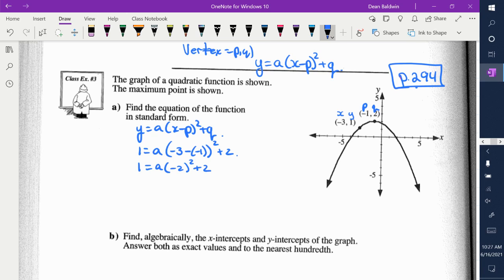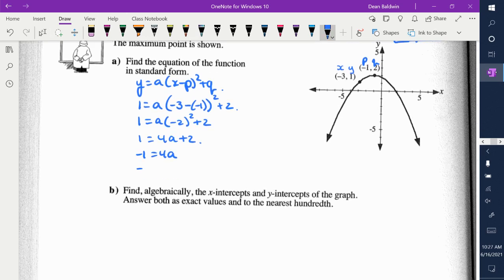What's -2 squared? 4. So I get 1 is equal to 4a plus 2. Subtract off the 2. So I get -1 is equal to 4a. And then divide out the 4. So -1/4 is equal to a. So this equation is y is equal to -1/4 (x plus 1) all squared plus 2.